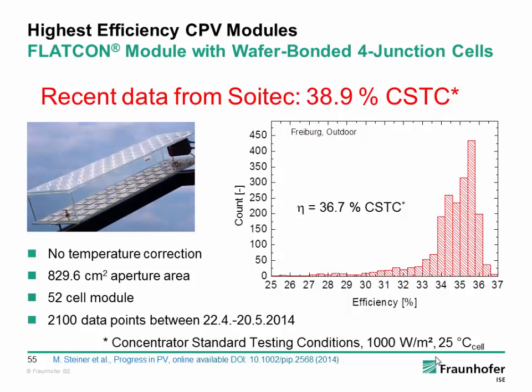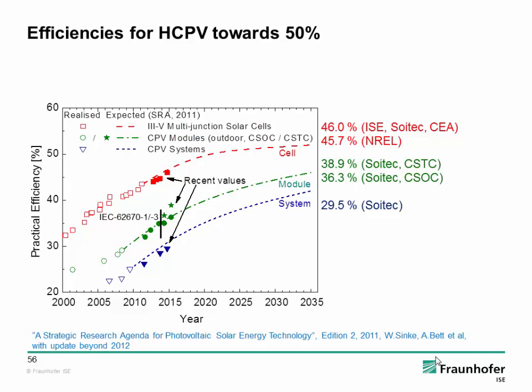They also made a module, and we measured that module at ISE, and I can tell you that we now have a much higher efficiency, which is 38.9%. So this is very promising because we are approaching 40% module efficiency now.